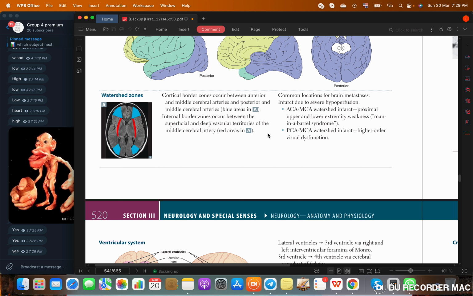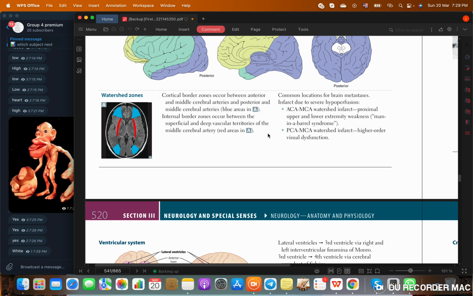The cortex itself. Again, the cortex is made out of the bodies of the neurons. So it's made out of gray matter. Under it, there is the internal capsule, right? So what do you think about the internal capsule? It's made out of white matter, plenty of axons going through it. So the cortex itself is a layer of gray matter, and under it is a layer of white matter.